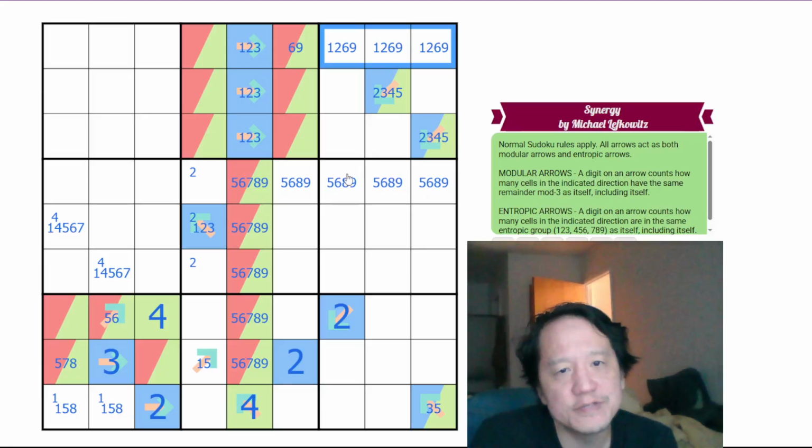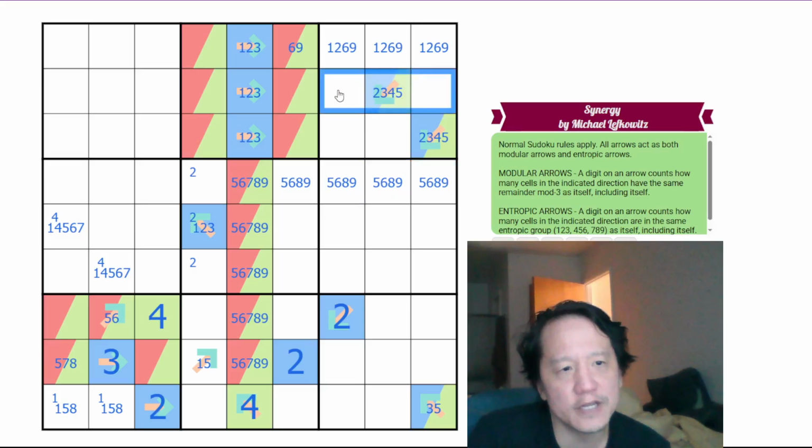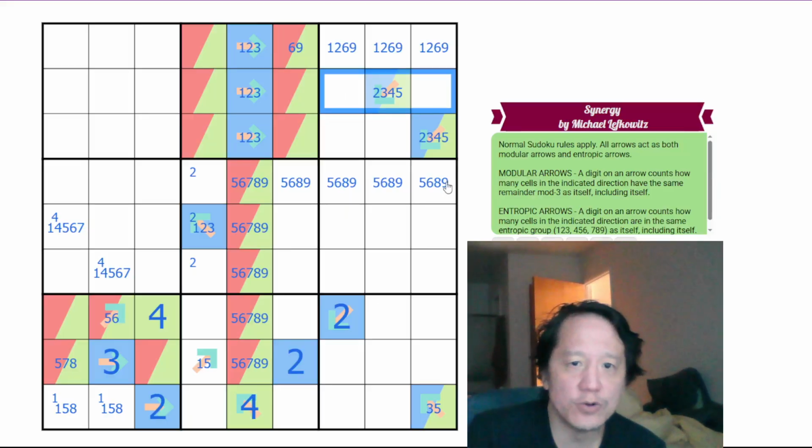You'd have 5, 6, 8, and 9. So that leaves the other set as 3, 4, and 7, because there's no other place for it in these sets, right?